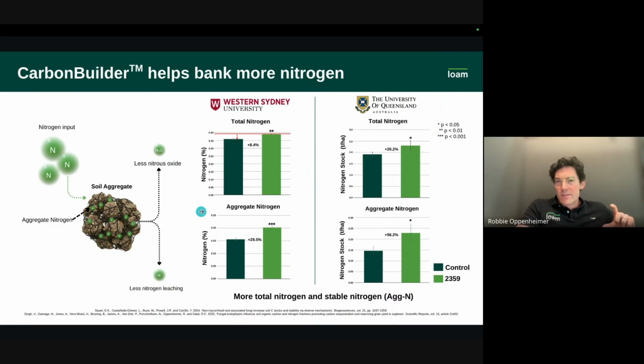So they've taken those soil samples at harvest and split them into different fractions based on the nitrogen that's in the particulate organic matter that's occluded in these soil aggregates, or that is bound to minerals. And what they showed was a 29% increase in the nitrogen inside soil aggregates. So this protection of nitrogen inside soil aggregates has reduced the loss over the course of this trial.